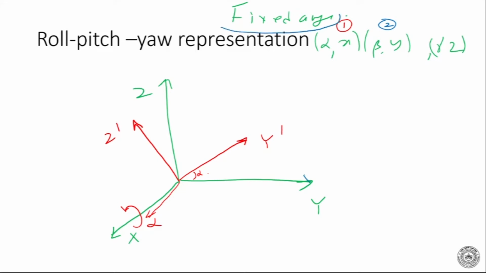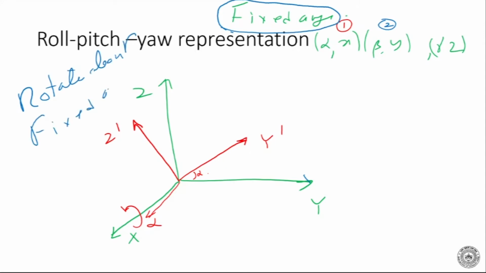This is called fixed angle rotation. We are rotating about the fixed axis. So I'm going to rotate about the y-axis, which is here. So what will happen? My x double dash will come here, y double dash will go there, and z double dash has gone there.